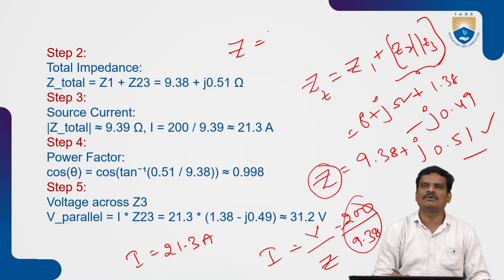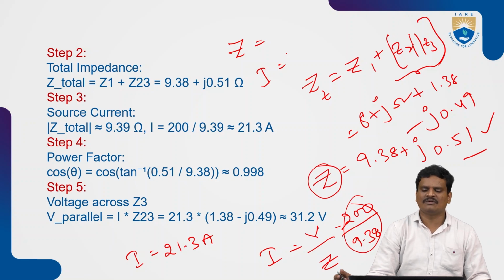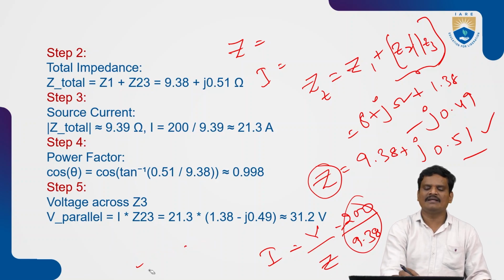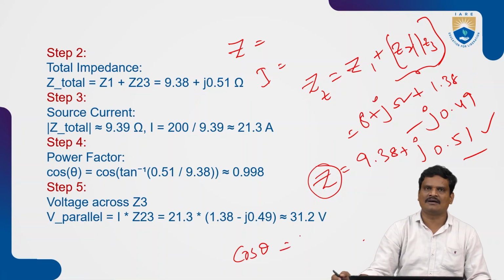One is the value of total impedance, the other is the value of current that is flowing in the circuit. The next parameter I need to calculate is the value of power factor, which in general is determined by a parameter called cos theta.